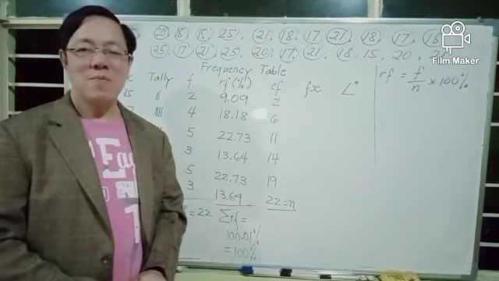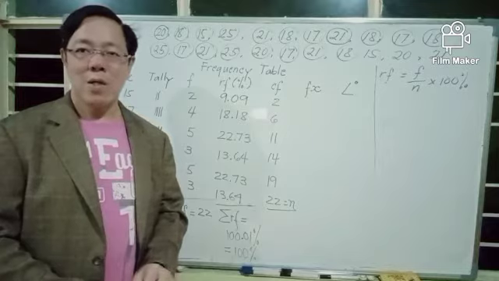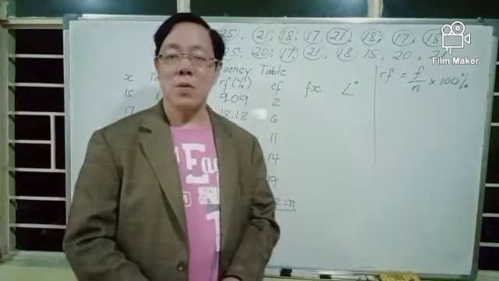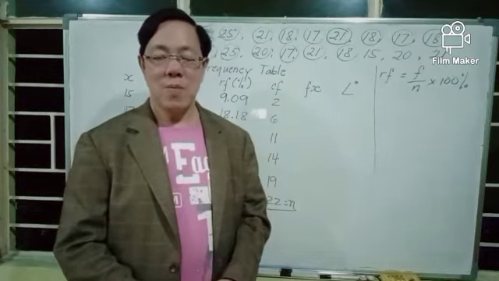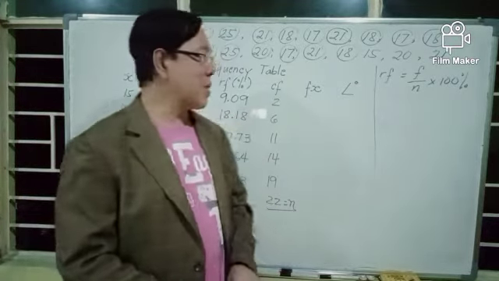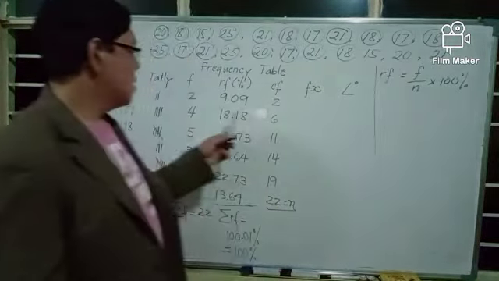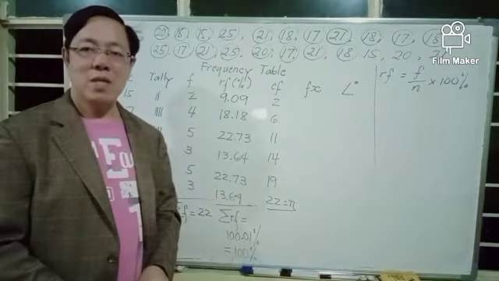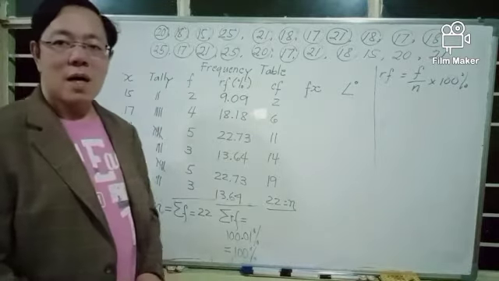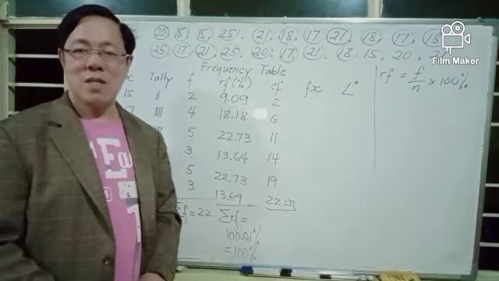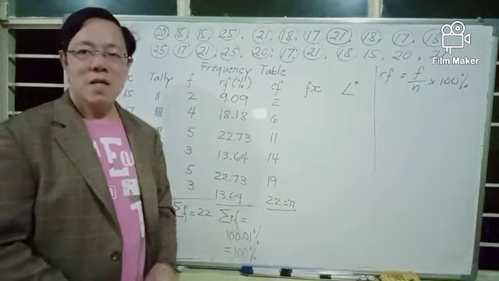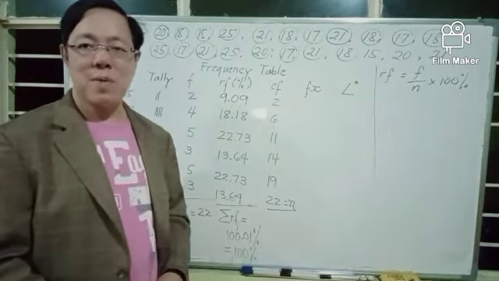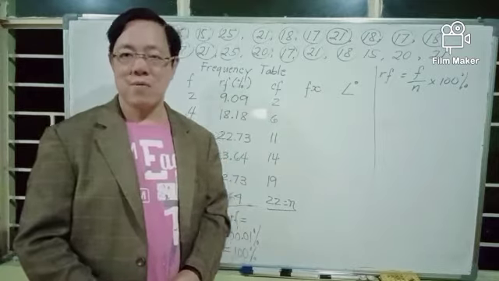Since we have discussed the arithmetic mean, we now compute the mean for this sample of 22 scores. As I mentioned in the previous lesson, if you have a frequency table like this, the mean denoted by x bar is computed by the following formula.